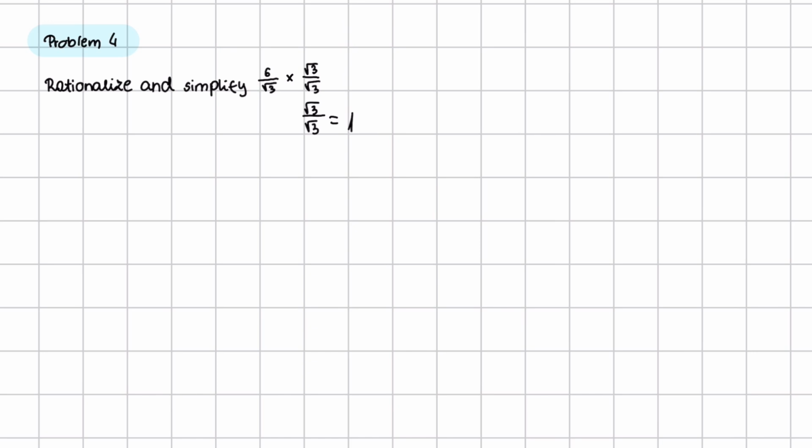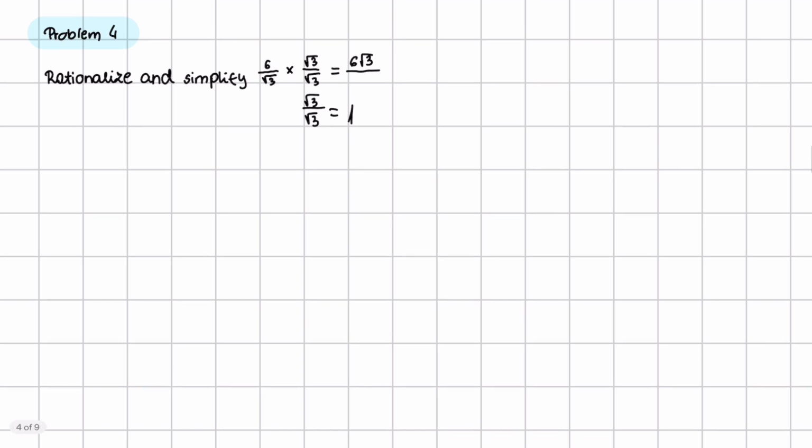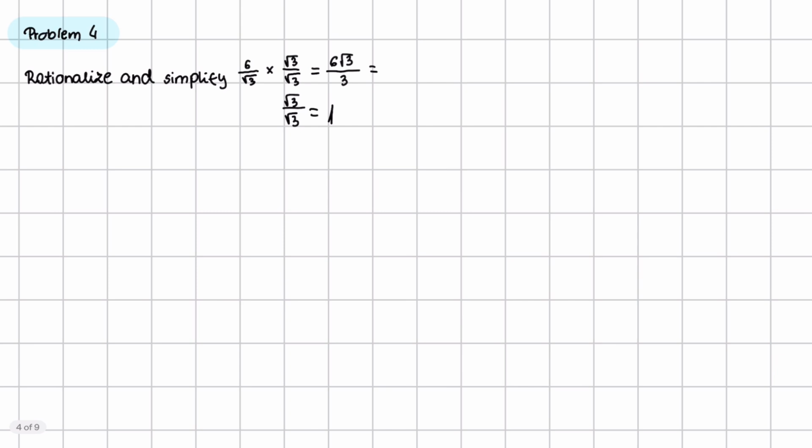So we're not changing our number, we're just multiplying it by 1. So it is 6 square root of 3, and in the denominator we have just 3, and we can also simplify it. So the final answer is 2 square root of 3.